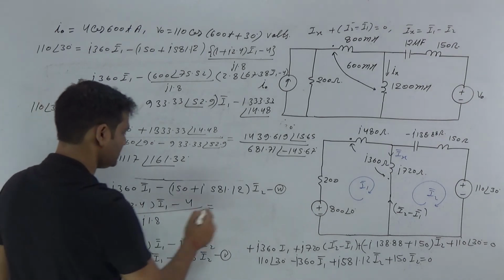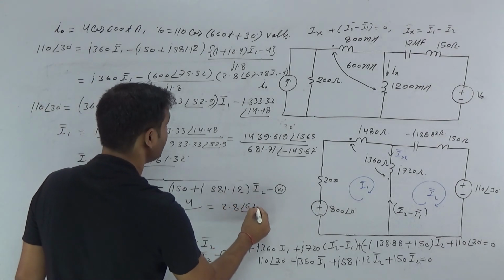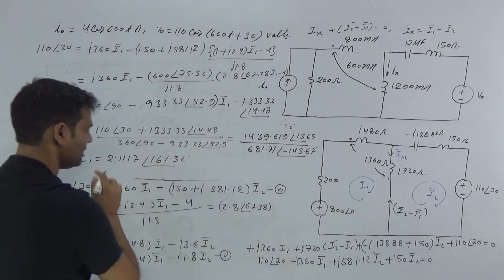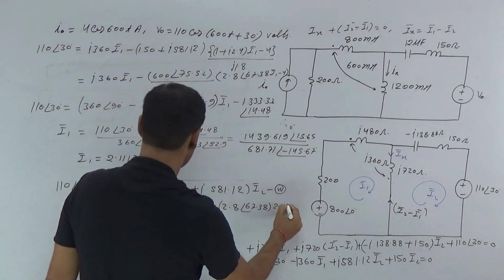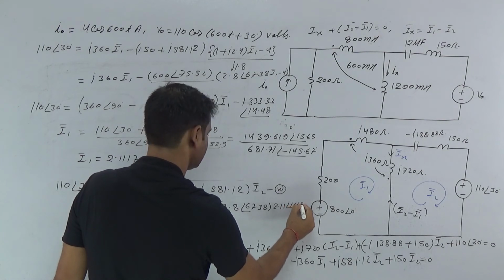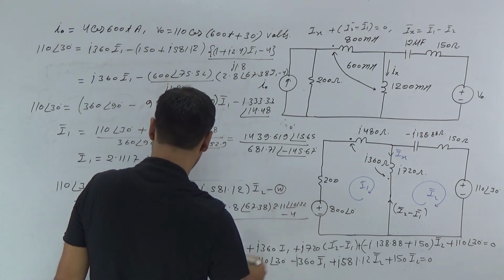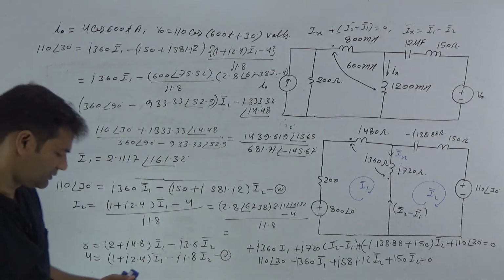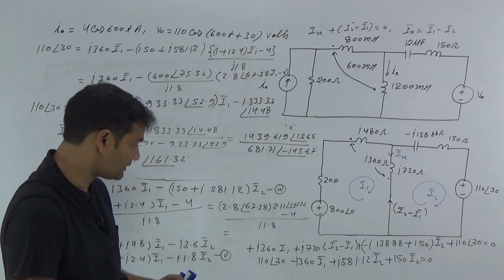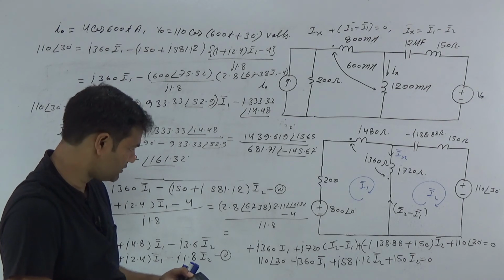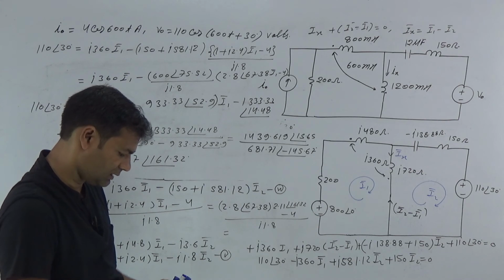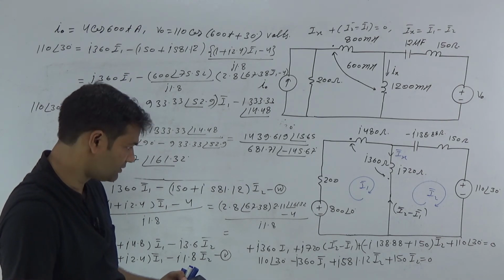Okay, now putting this value here: 1 plus j2.4, that is, finally 2.8 at the angle 67.38 into I1, where I1 is 2.11 at the angle 161.32, minus 4, whole divided by j1.8. So finally 2.8 at the angle 67.38 into 2.11 at the angle 161.32.